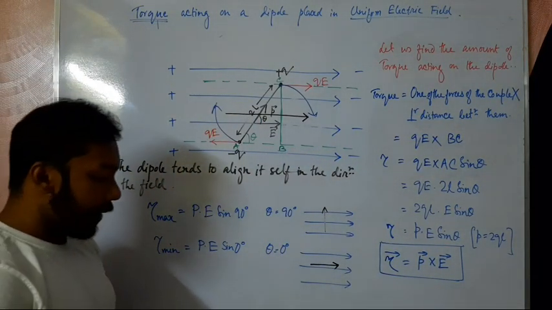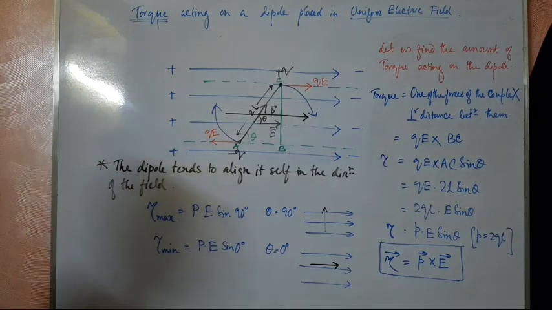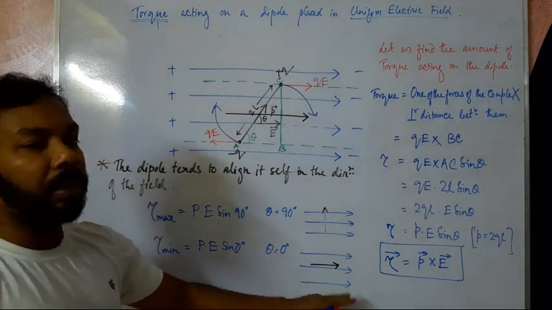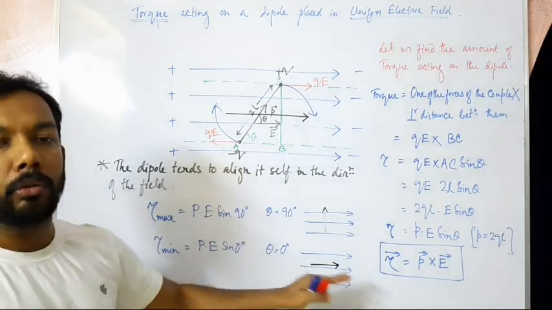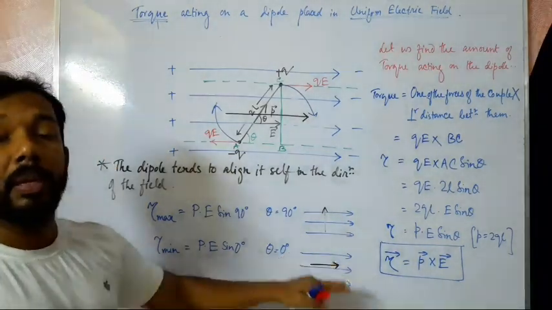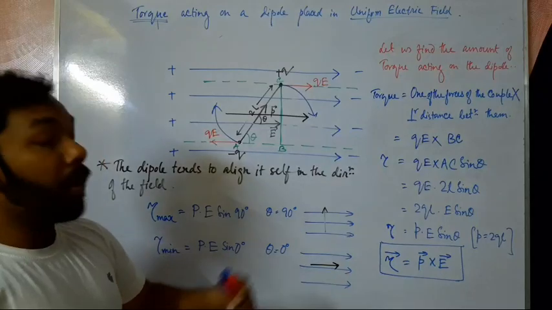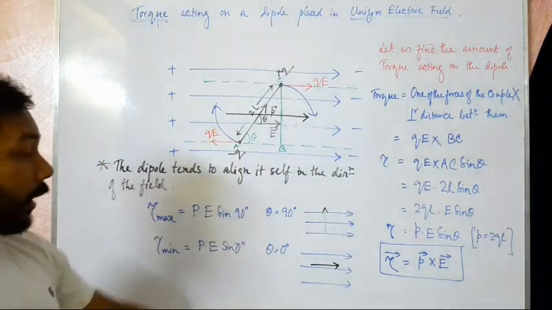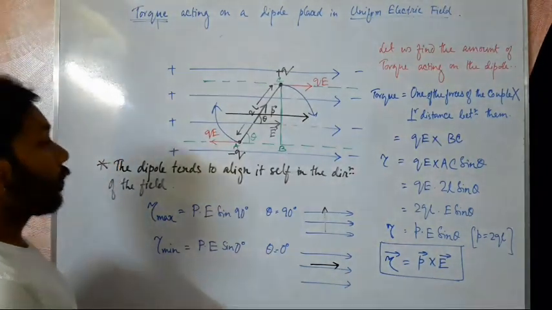When the dipole is placed parallel to the electric field, it will experience the minimum torque, zero torque. It will not tend to rotate anymore because it is the minimum potential energy position. That is the equilibrium position for a dipole.